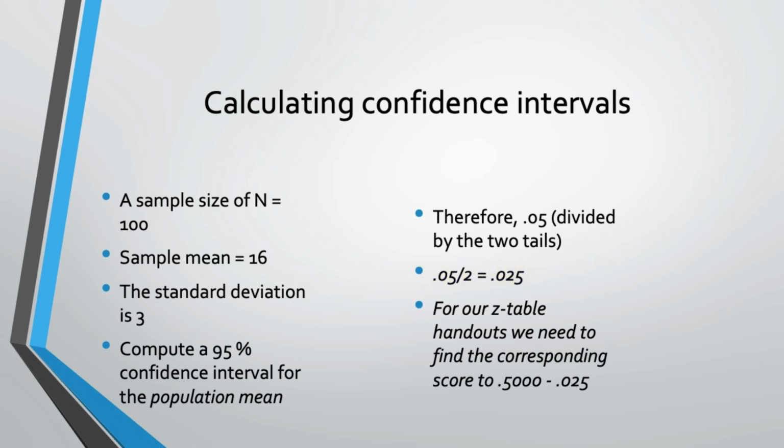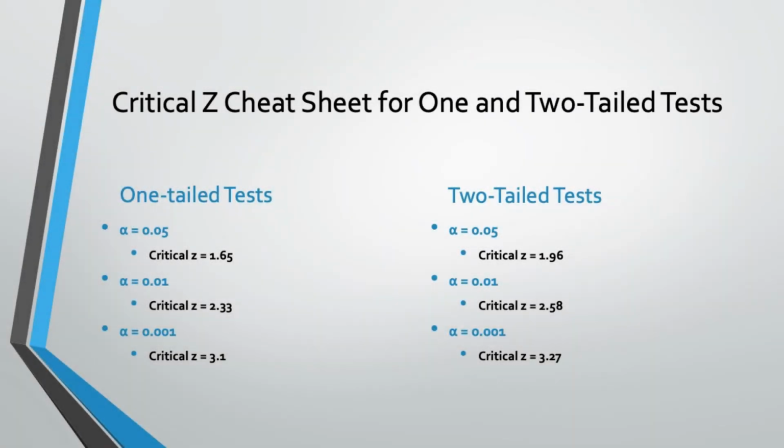And from our z-table handouts, we need to look and find the corresponding z-score of 0.5000 minus 0.025. So you could look up the corresponding z-score that accounts for 0.4750 of observations, or you could just look back to that cheat sheet that was provided a few slides ago and know that for a two-tailed test at 95% confidence, your z-score is always going to be 1.96.